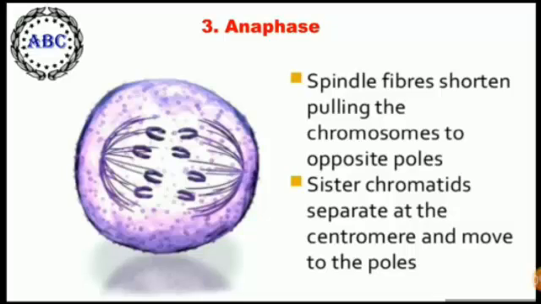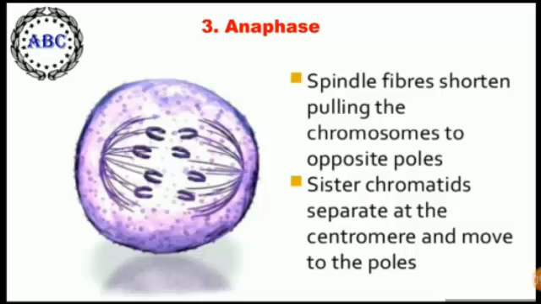During this, the chromosomes appear rod-shaped, called acrocentric, L-shaped, submetacentric, or V-shaped, metacentric. The end of anaphase is marked by the appearance of clusters of chromosomes at each pole of the cell.